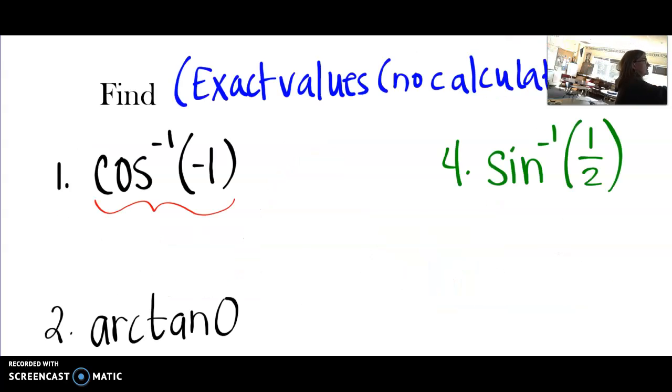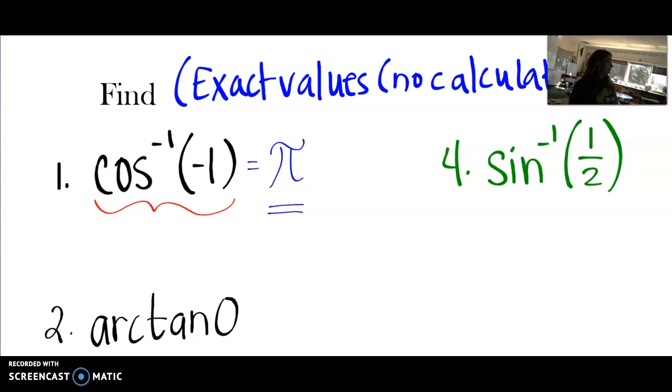That means cosine inverse of -1 is going to be pi radians. It'll be equal to -1 every 2 pi units from that value of pi, so there's actually an infinite number of answers, but this is the answer your calculator would give you in radian mode.